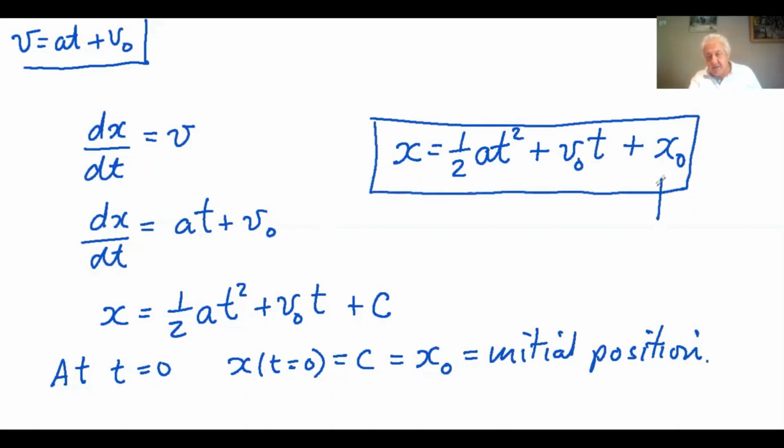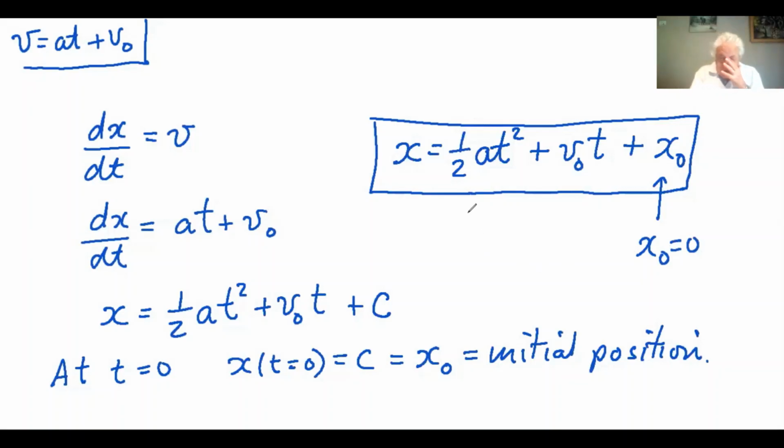Now notice in some textbooks, this x naught is left out, and the formula is written just like this. I really dislike this because it is not the full formula, it's a simplification. And the reason they make this simplification in many textbooks is because it's always convenient to choose x naught to be 0. But you should understand that this is the formula, and that this constant is chosen to be 0 as a matter of convenience.